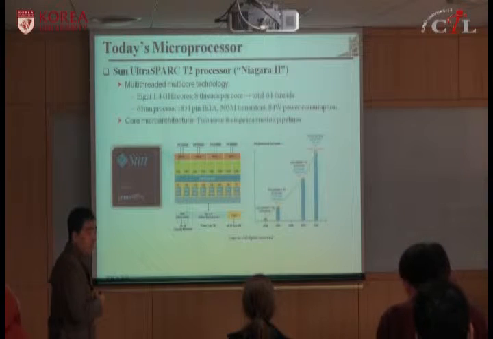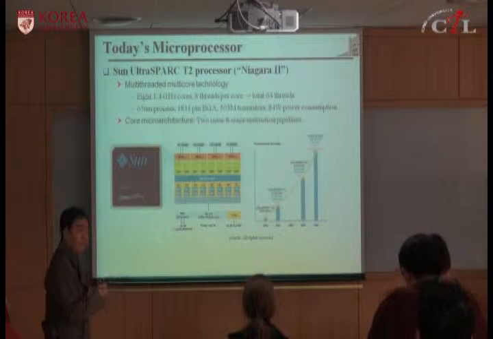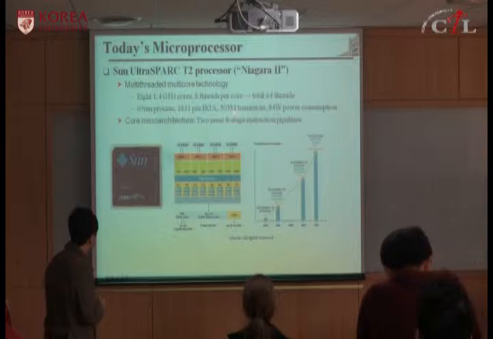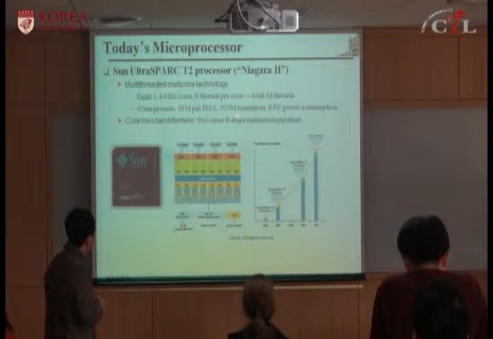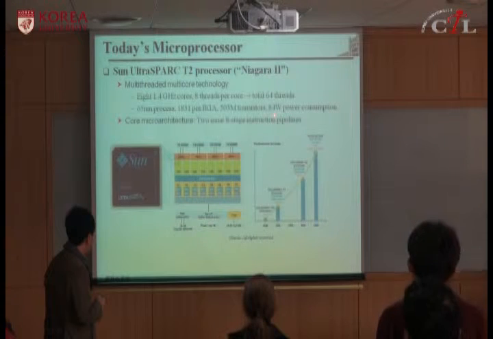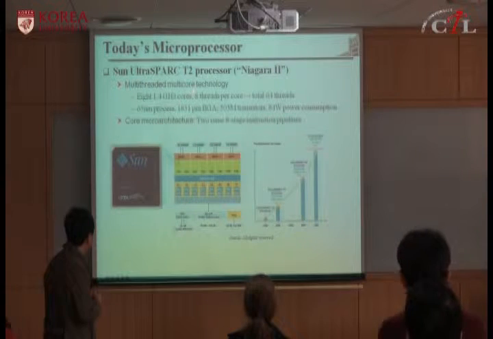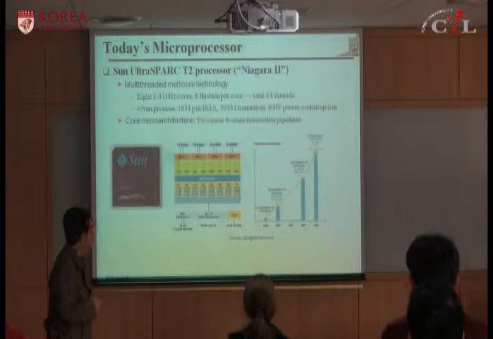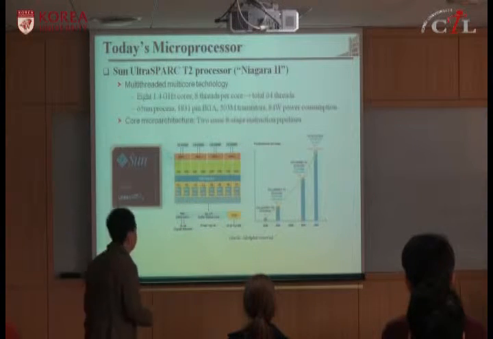So it means it's quite expensive packaging and more expensive system design. It contains about 500 million transistors, consumes 84 watts of power, and each core here is a 2-issue, 8-stage pipeline.